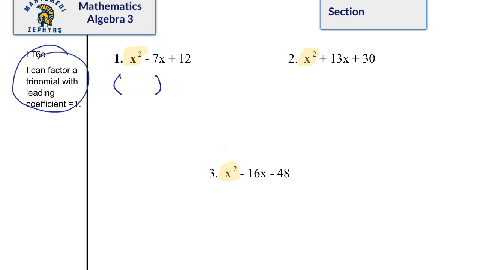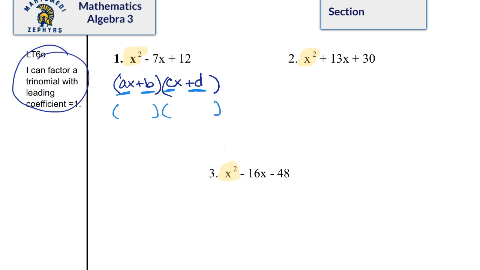When we factor trinomials of this form, we are trying to break it up into two binomials: a number times x plus another number, and a number times x plus another number. We have to solve by finding these four numbers in order to factor. We're trying to locate those numbers.